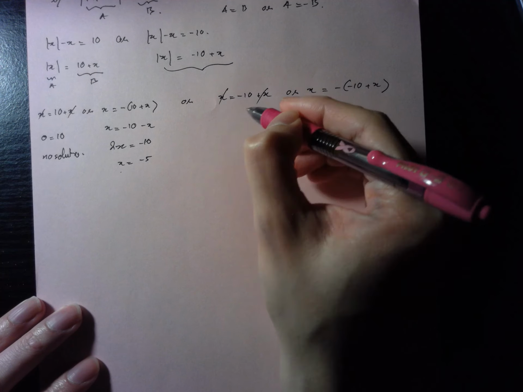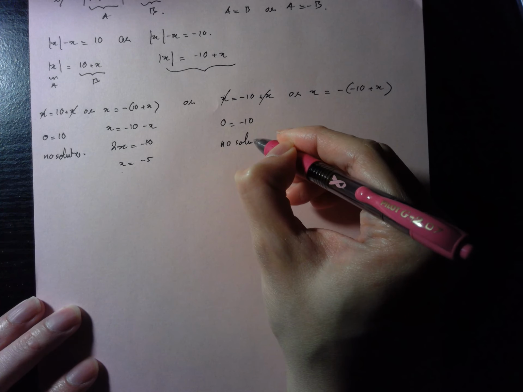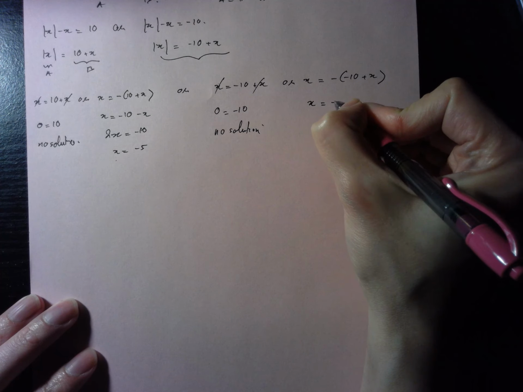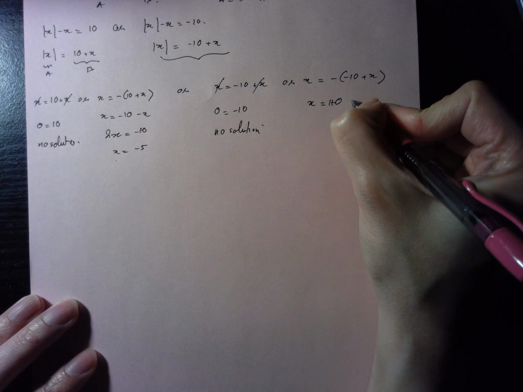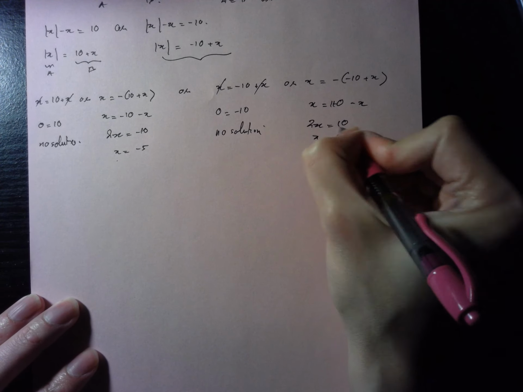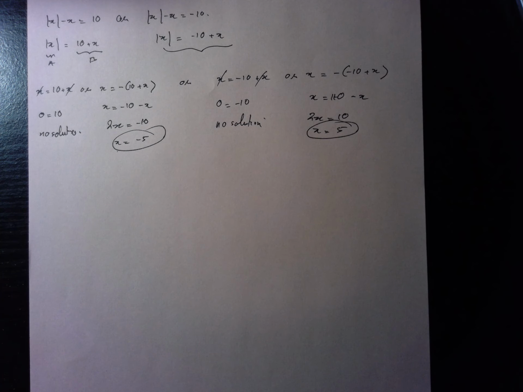I cancel them out, so you have 0, -10. There's no solution here, but we still have another solution for this one. That gives you 10x minus x, so 2x equals 10, x equals 5. Okay. So we have two integer solutions here, and we need to check which one is the extraneous solution.